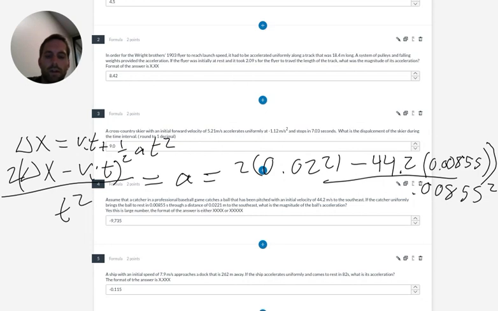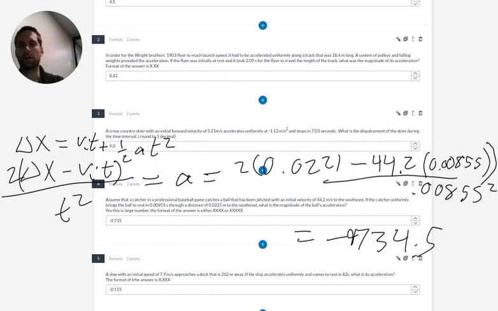I should be getting the same approximate value, negative 9734.5. This is a 5 though, and it says no decimals, so round that up to this next number, which is going to be negative 9,735.